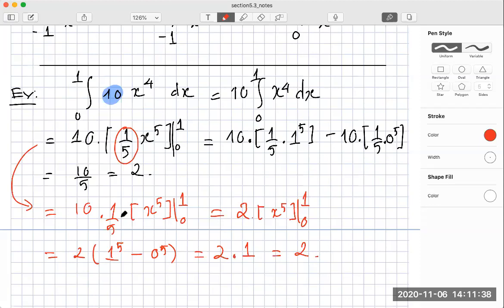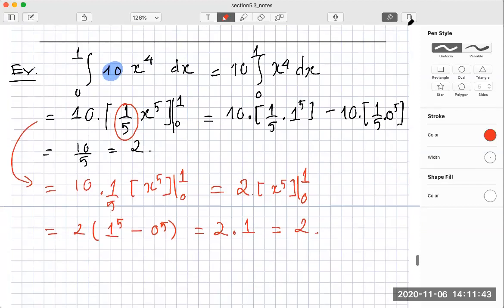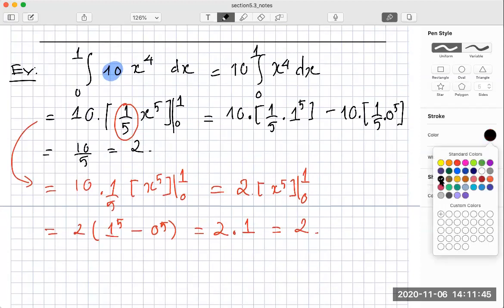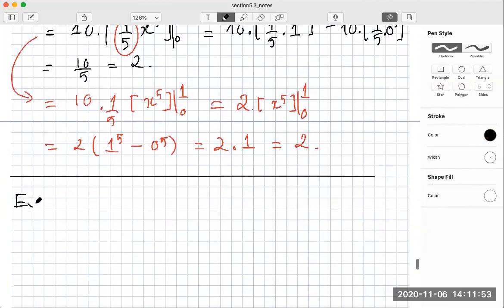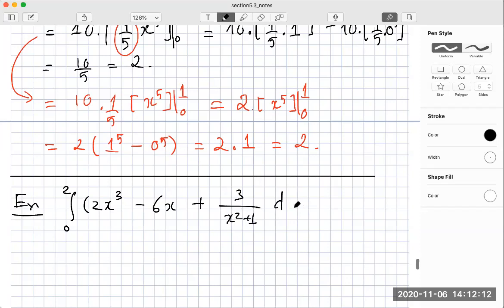Very good. How about this guy? Integral from 0 to 2 of 2x cubed minus 6x plus 3 divided by x squared plus 1 dx here.